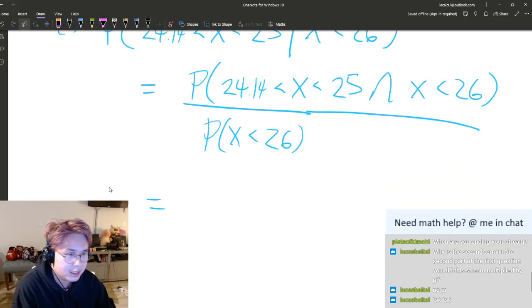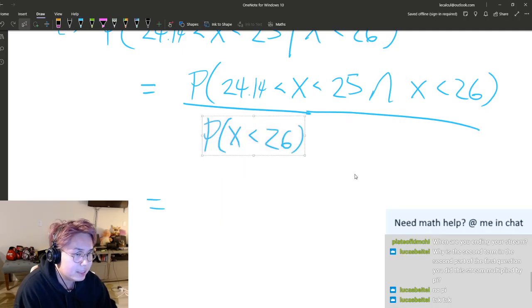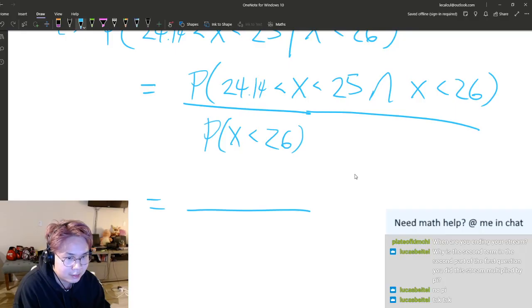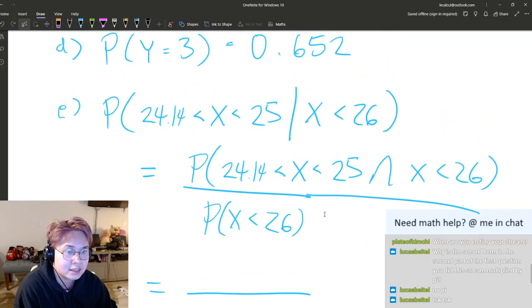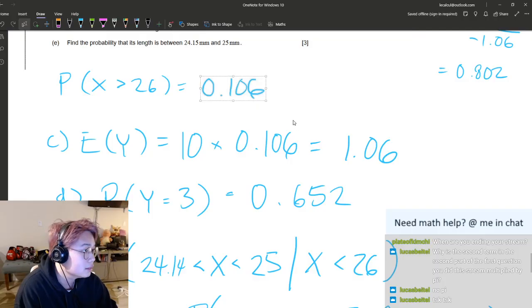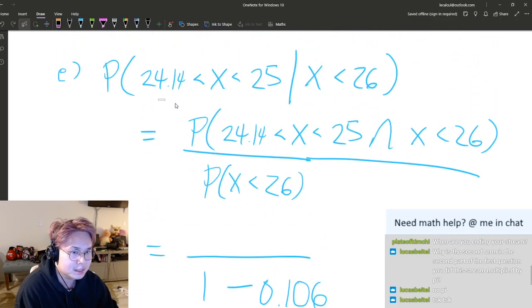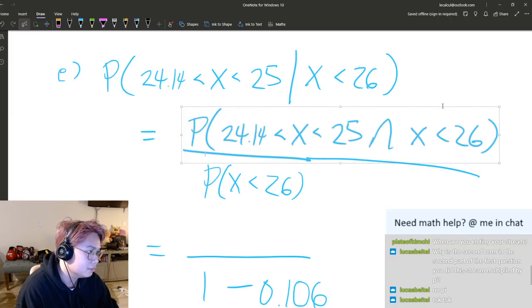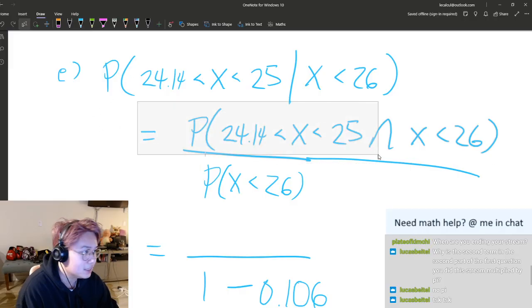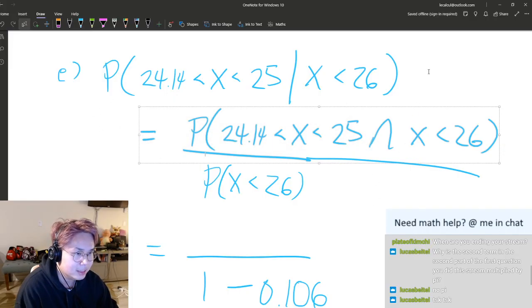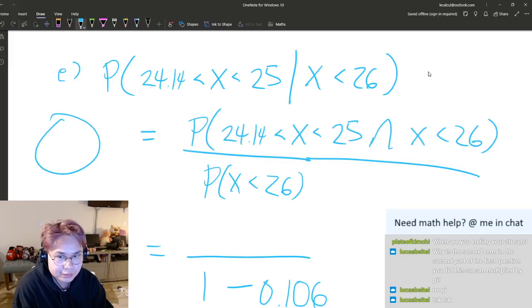Okay, and then we more or less know both of these values. Being less than 26 is the probability of 1 minus being more than 26, which we found out earlier was 0.106. And then this top one is a very elaborate way of just saying this part. Because if you think about it, the intersection of these two, here are all of the values that are less than 26, all of the seashells less than 26.